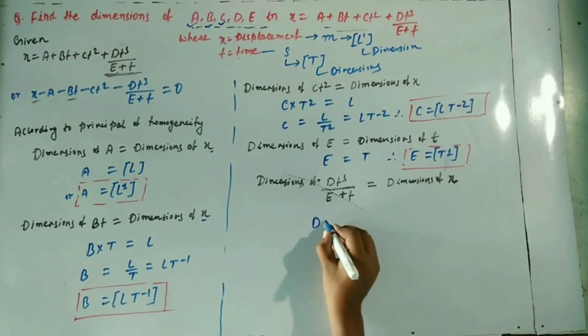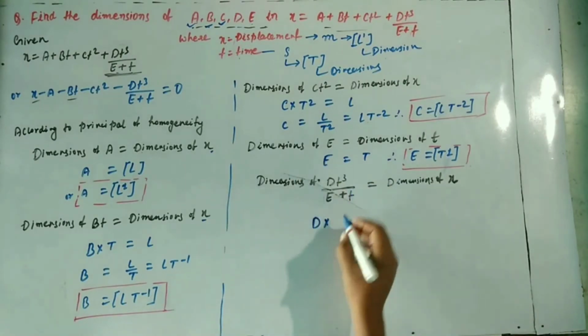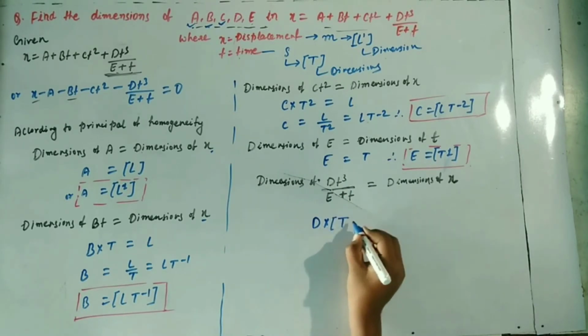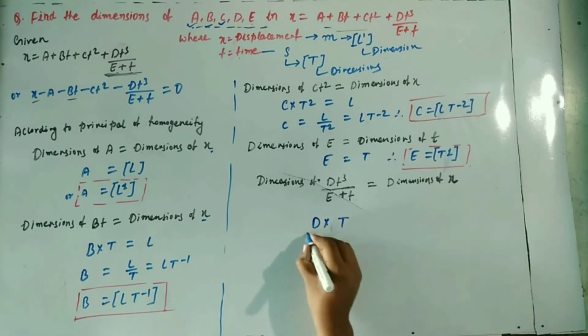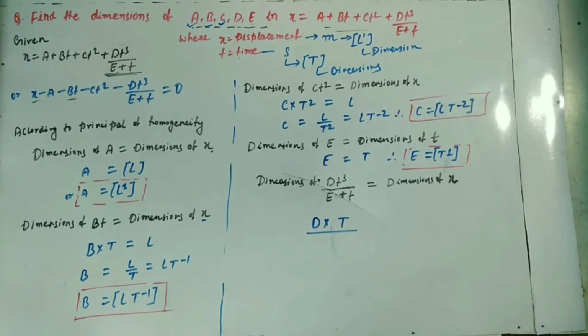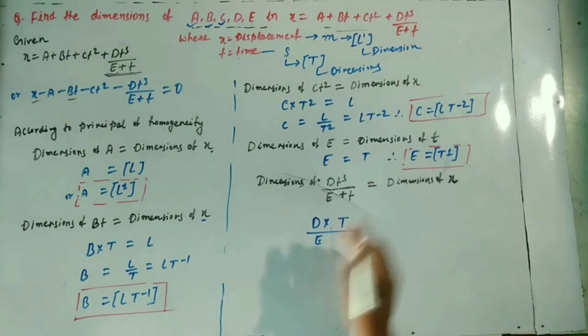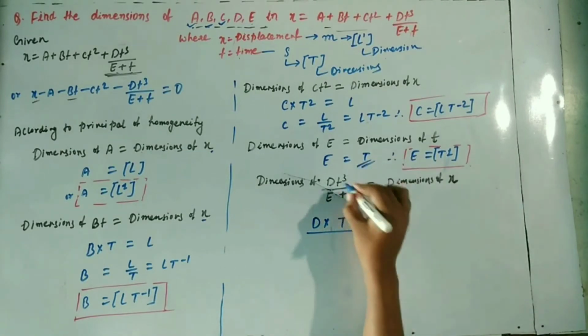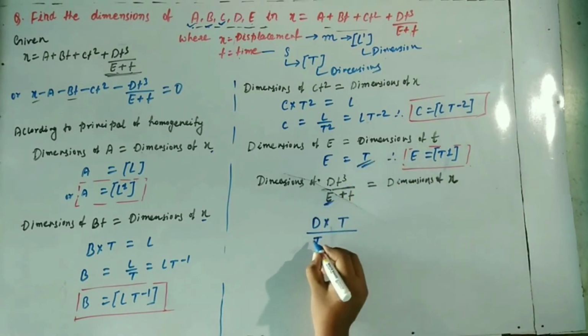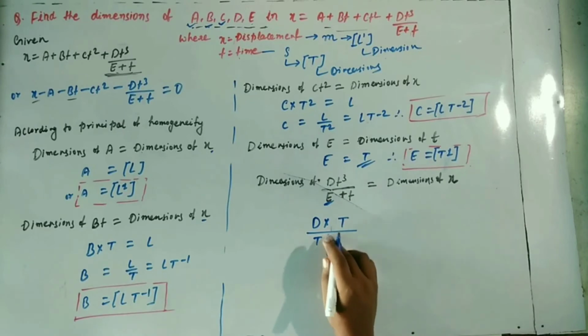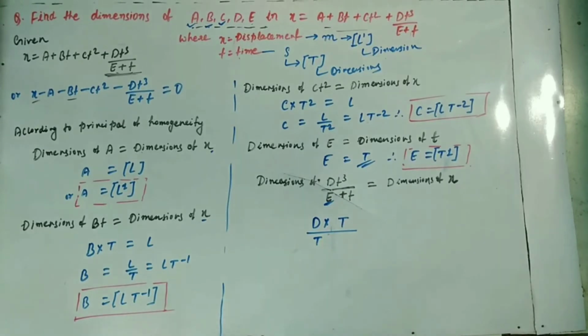Here, d into T power 3 by the dimensions of E, which is T, plus T is given.